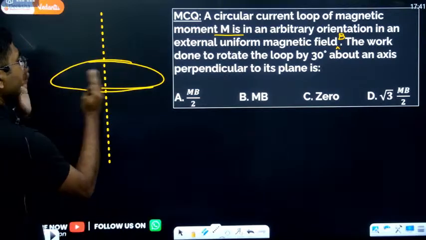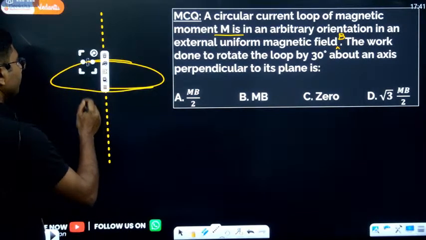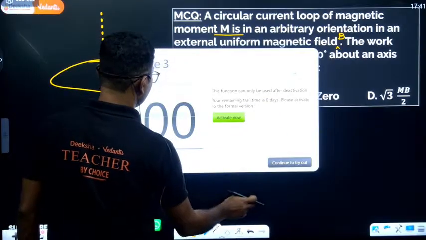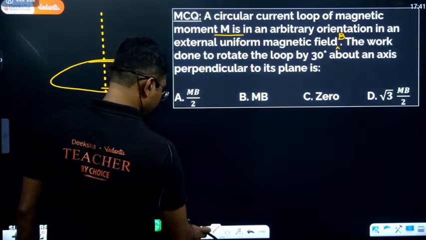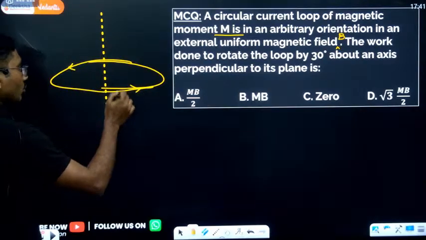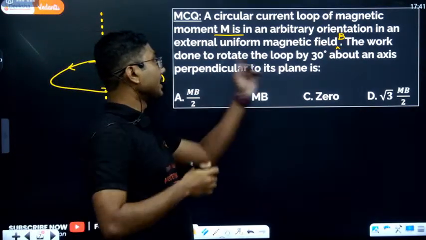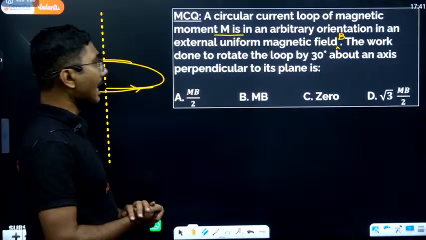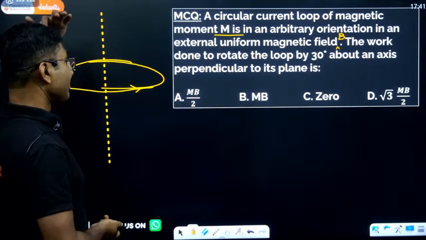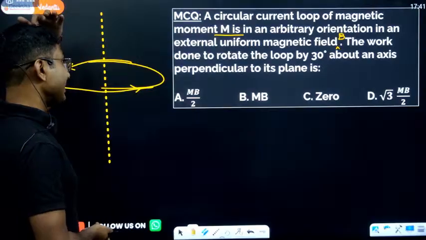Now, if you rotate this loop, this is the current carrying loop, the work done to rotate the loop by 30° about an axis perpendicular to this loop. So magnetic moment, arbitrary orientation in an external field.